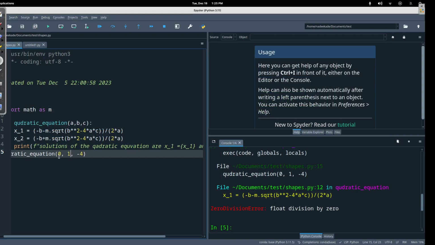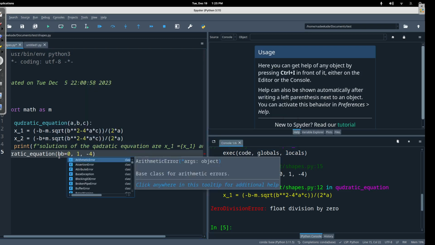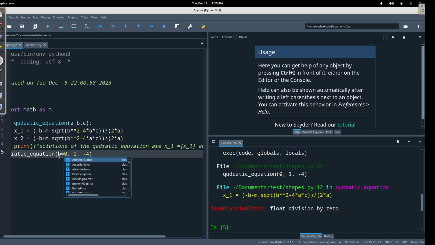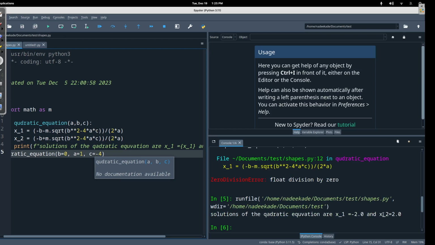Okay, so here instead if I pass it like this, b equals 0, a equals 1 and c equals minus 4, then it gives again the solution for this, because then a is 1, b is 0 and c is negative 4.